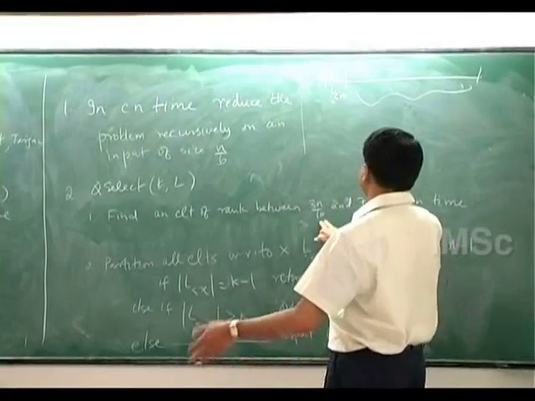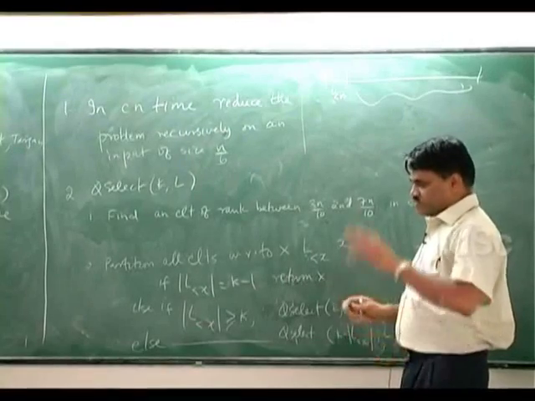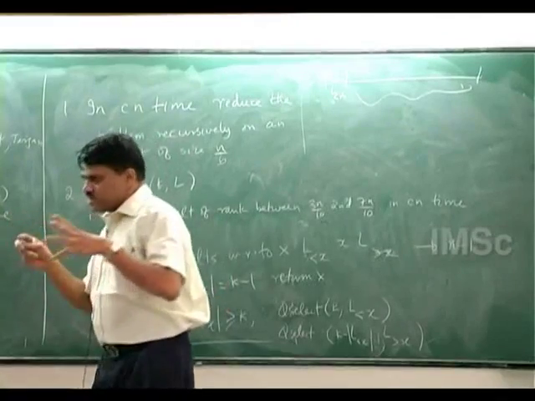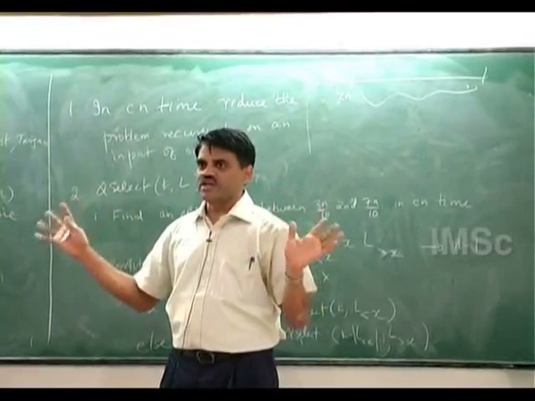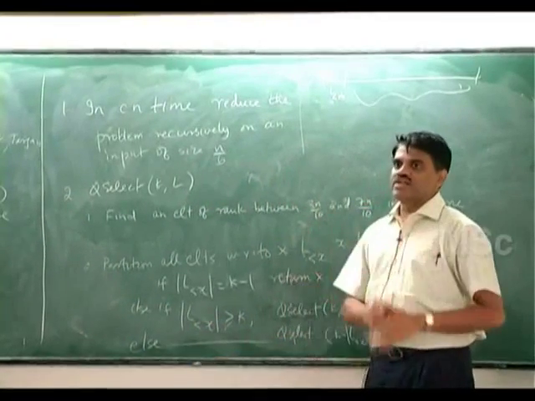I could just use any fraction here for that matter. What I wanted is that on both sides of the element I pick I should have some fraction of the elements, so that when I find the rank, partition it and recurse, I end up throwing away at least a fraction of the elements.